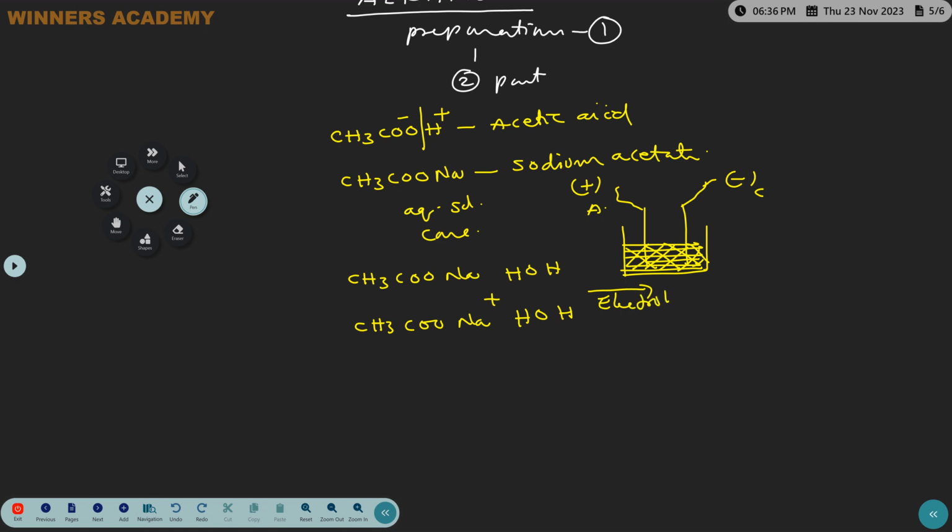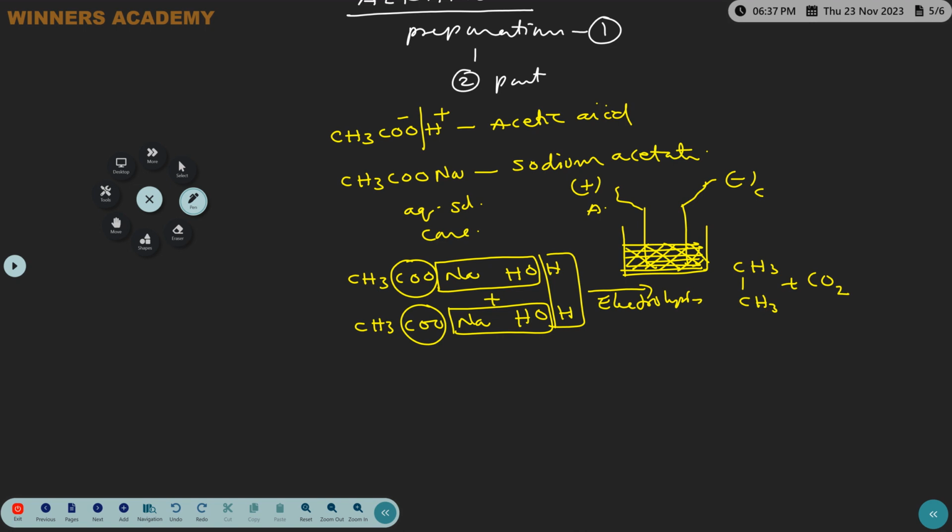When electricity is passed through that solution, it is converted like this: CH3-CH3 and 2 moles of carbon dioxide, 2 CO2, one from each, plus 2 NaOH plus H2, the two H's converted into H2.